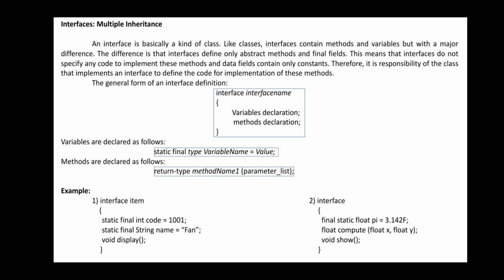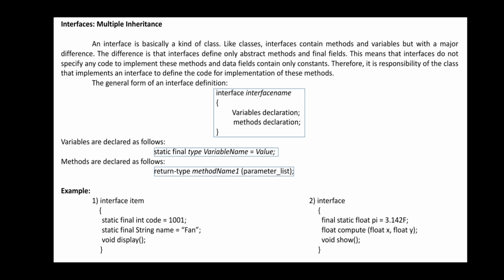Okay, so a simple example has been given here. Interface item: static final int code is equal to 1001. So 1001 is a constant value defined for code, and I can't change that one. If you want to use code anywhere within a program, it can be accessed without changing any information.